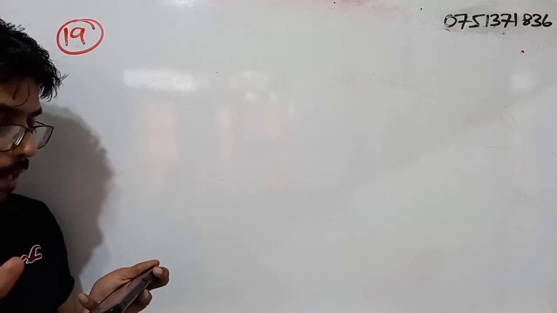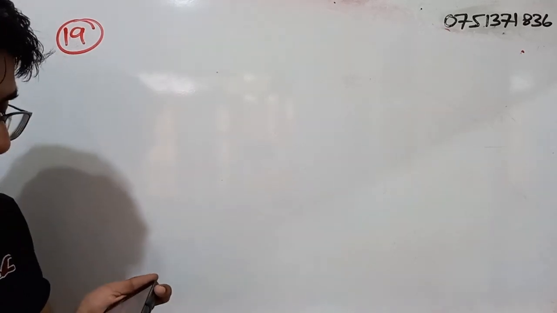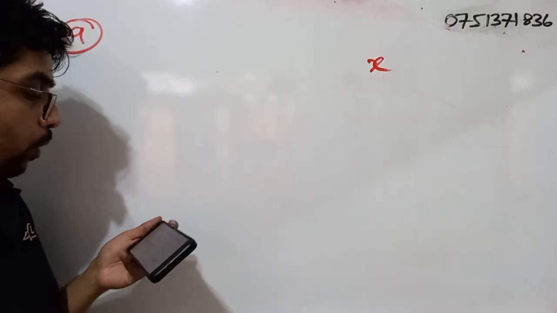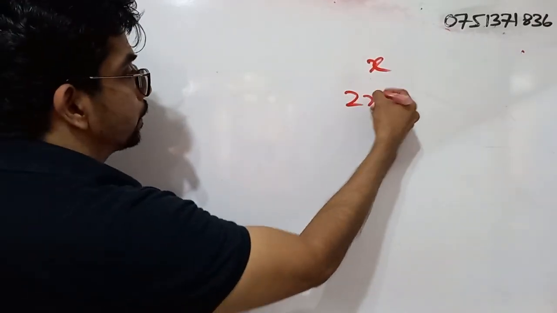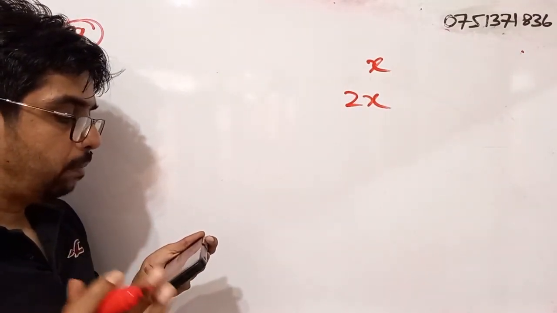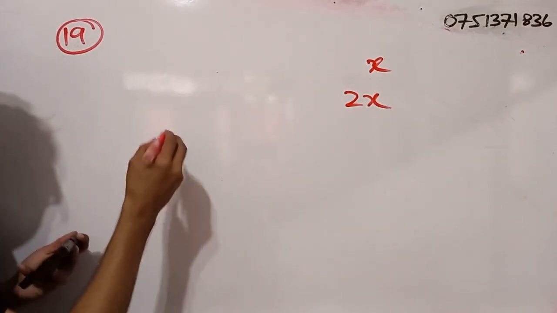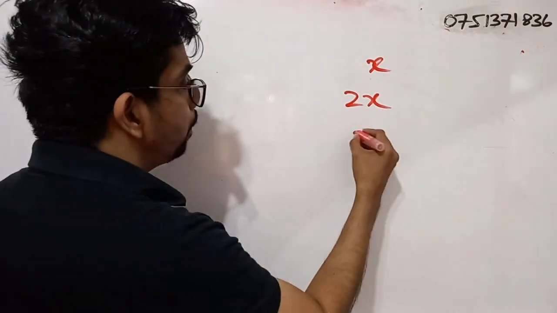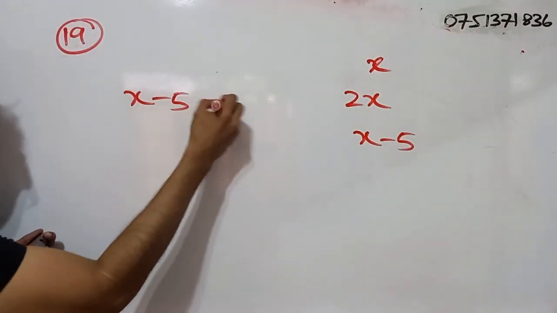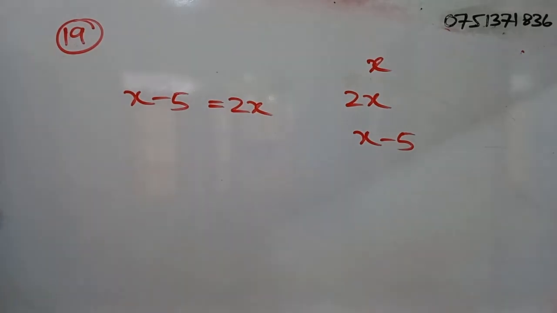So we will take the first part. If twice a number, we will take that number as x. Twice a number means what? 2x, right? If twice a number is equal to that number minus 5, that number minus 5 means what? X minus 5, no? So x minus 5 is equal to what? 2x.